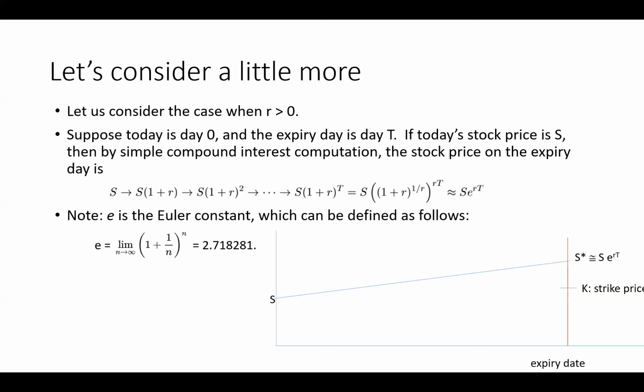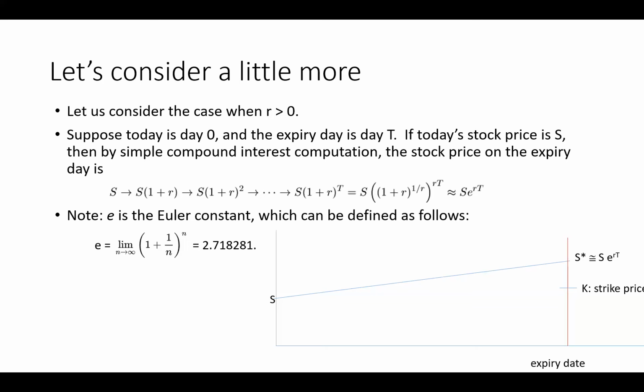So what does it mean? It means that if you buy the stock at stock price S, on the day that you buy the option, then because of the risk-free rate, on the next day it will increase by an amount of S times R. That R is the risk-free rate on that day. You can imagine that R is expressed as the daily interest, which is very small.